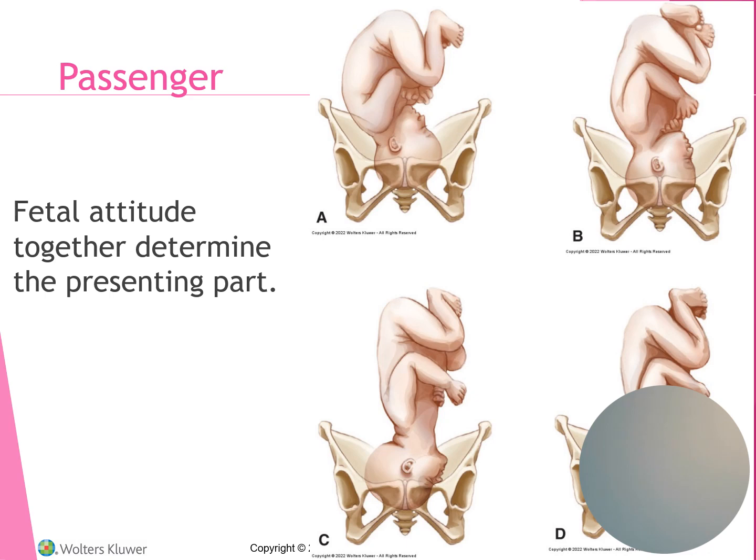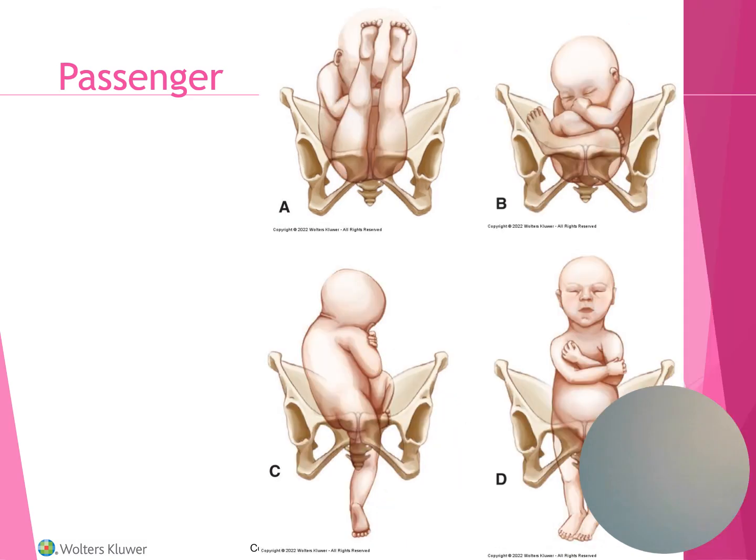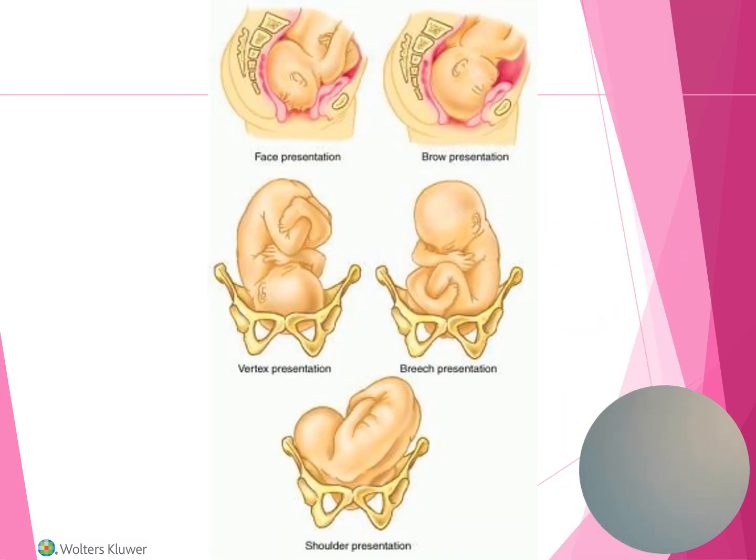It will affect labor and delivery. Here's the example of the breech presentations. We have the full breech, we have the frank breech, we have the footling breech, and the double footling breech. So just another slide showing you some of those different presentations.